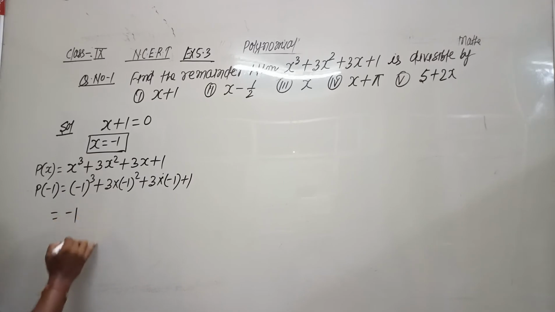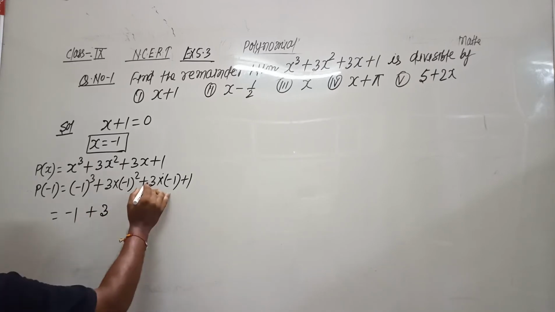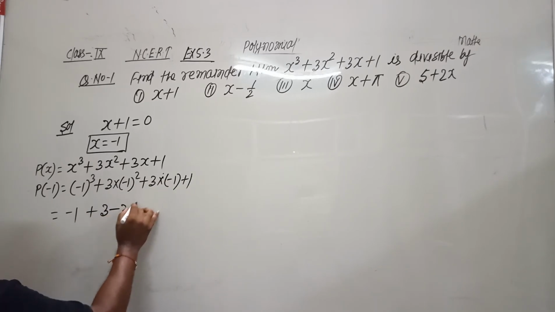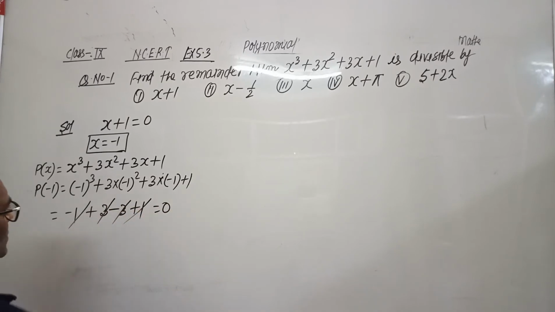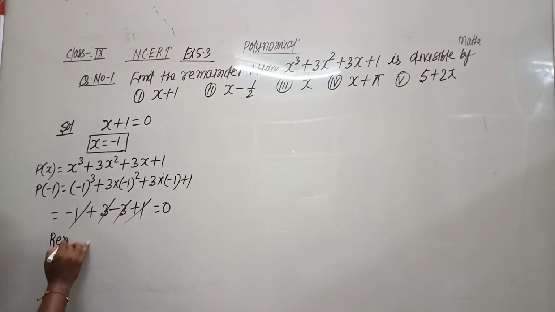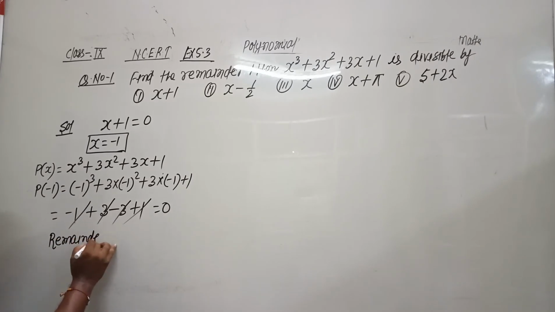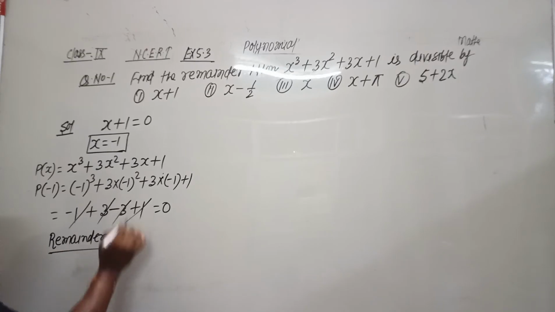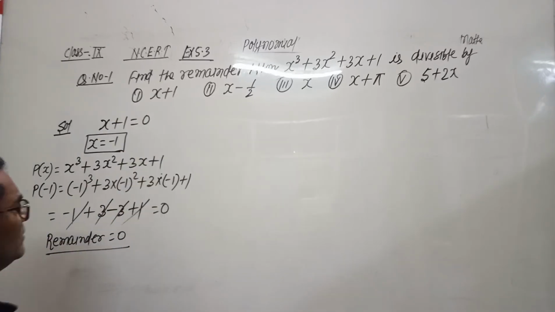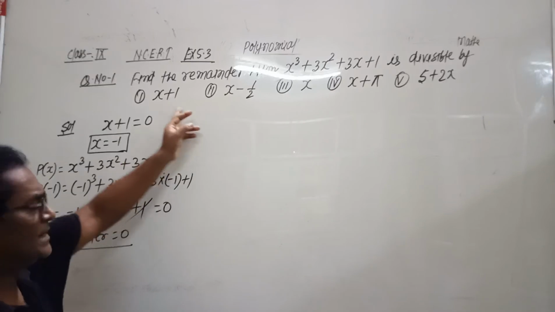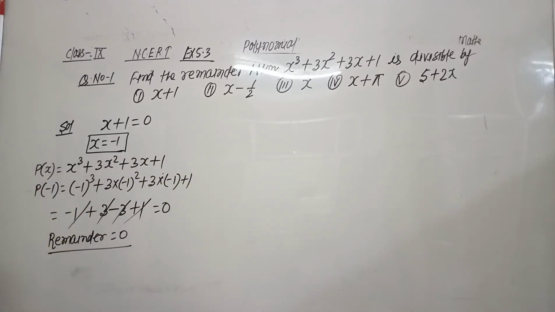So minus 1, plus 3, minus 3, plus 1. We get 0. So in the first case, the remainder comes to be 0. When the given polynomial is divided by x plus 1, the remainder we get is 0.